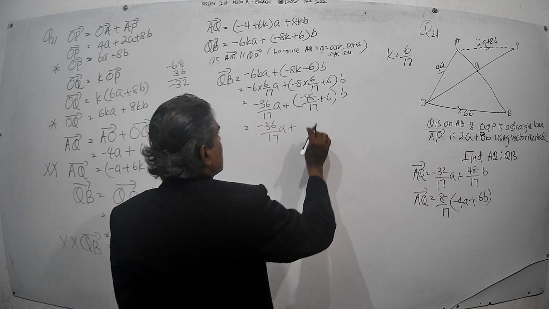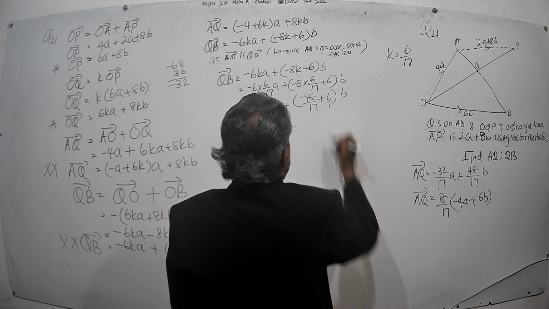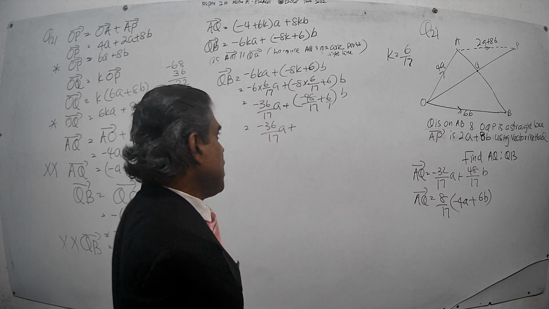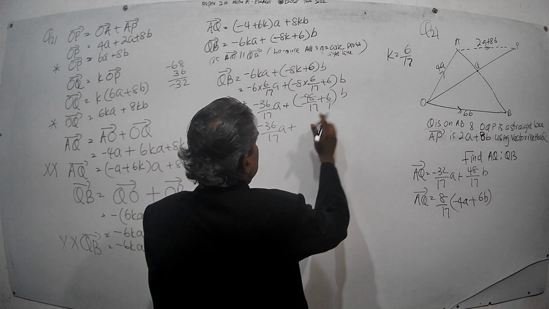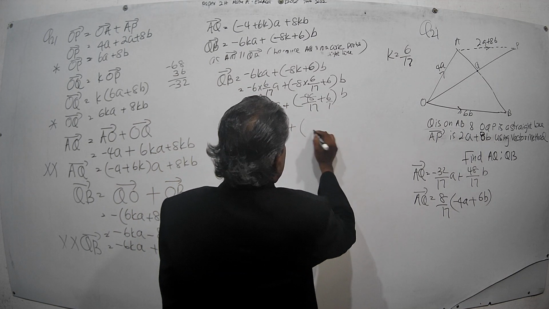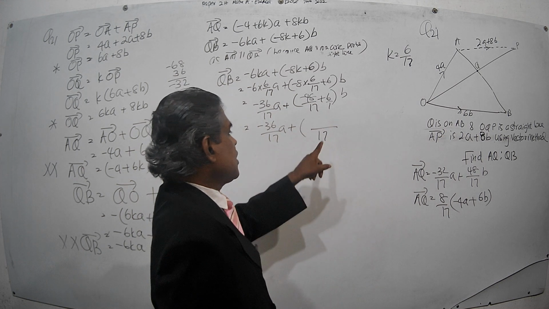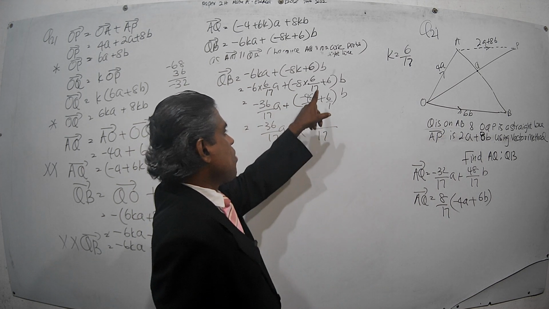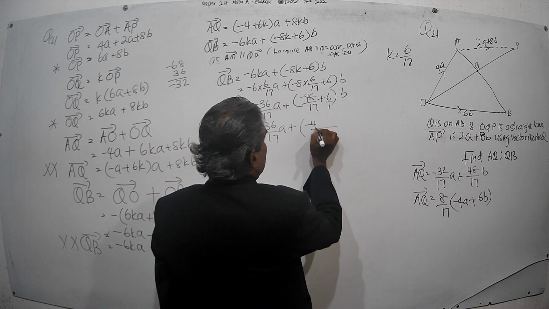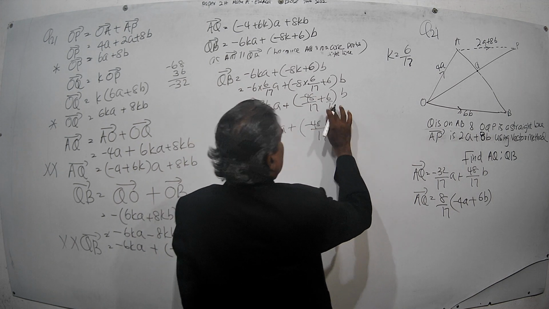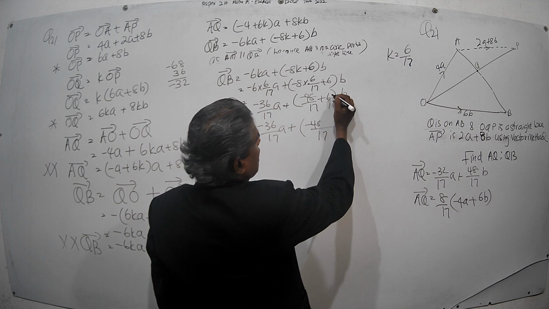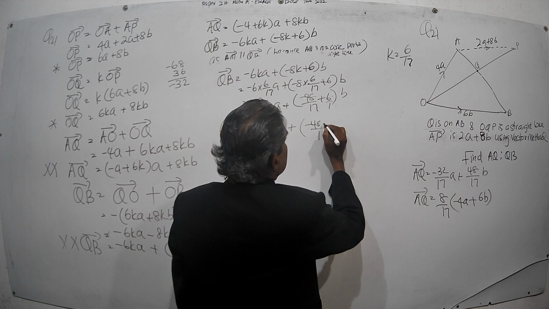Now here we can simplify this part by making this 6 also a fraction by putting a denominator of 1. Then find the common denominator for 17 and 1. That is nothing but 17. To convert this 1 into 17, this 1 should be multiplied by 17. Therefore, 6 also must be multiplied by 17.